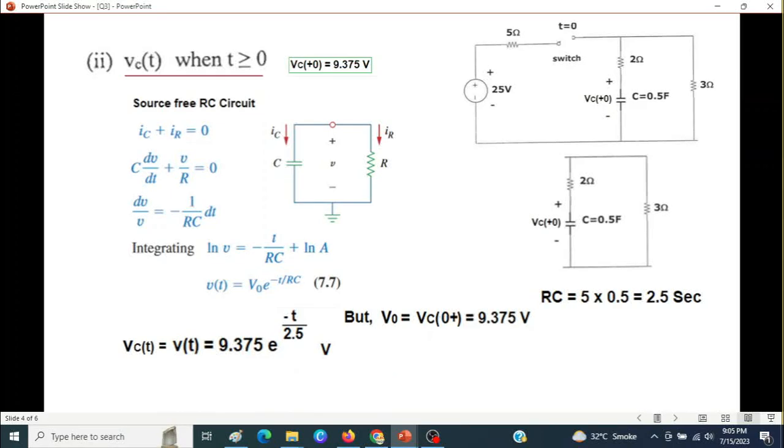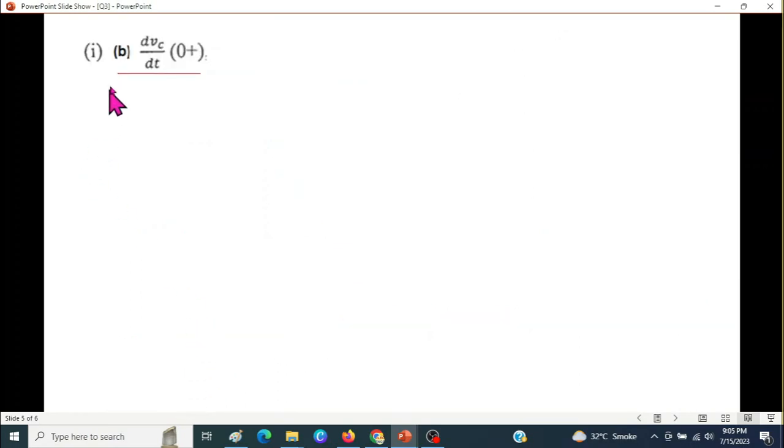Now we go back to question number 1, part B. Question 1, part B says we have to find dV/dt at 0 plus. Now we have V(t), so we just differentiate this with respect to t. If you differentiate, you get this answer. I hope you know how to differentiate. This one will give us minus 1 divided by 2.5.